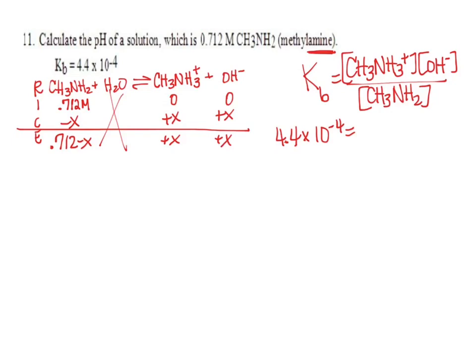We can substitute everything we know so far. X squared over 0.712 minus X. Here what we're going to do is we're going to say that X is negligible. I want to give you guys a rule here in a minute to figure out if you can actually say that it is negligible or not. But right now we're going to assume it's negligible. So solve for X.